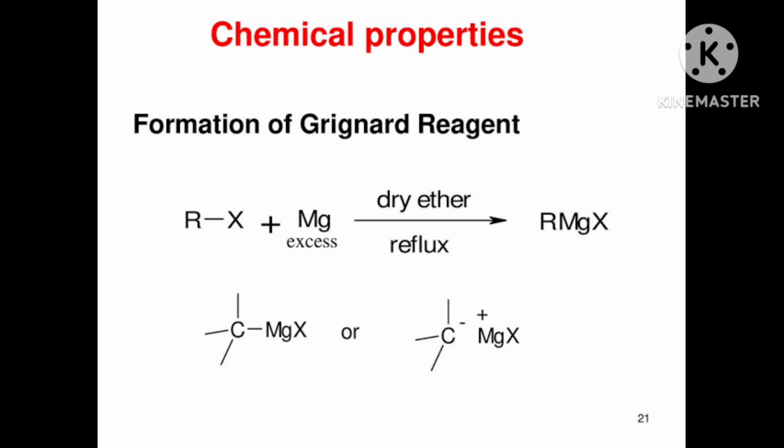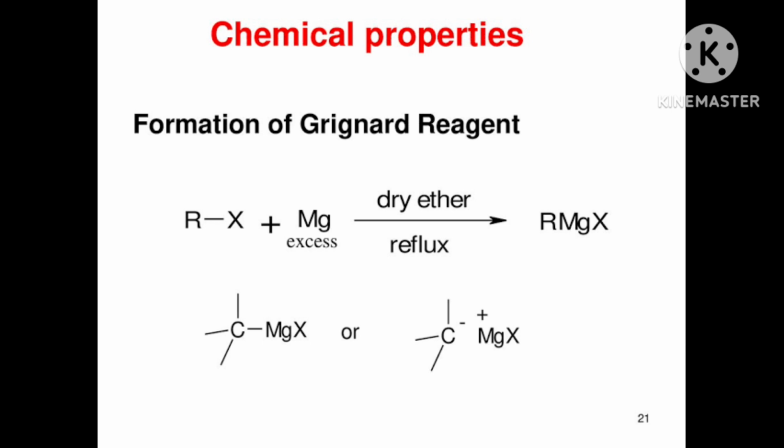If water is there, you will get hydrocarbon, RH. Suppose R was C2H5, then you will get C2H6. If R is methyl, you will get methane. If it is propyl, you will get propane. If it is butyl, you will get butane, meaning hydrocarbon.